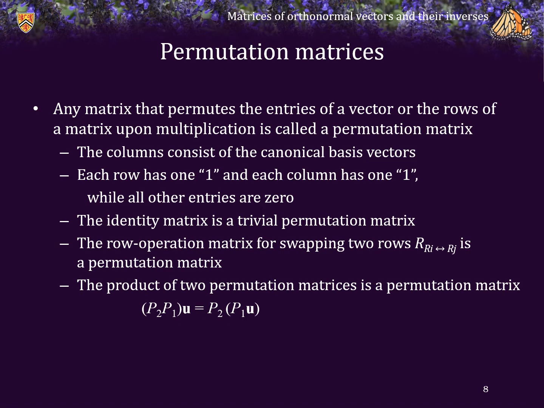Well, this is by definition the result of multiplying the vector u by P1, which simply permutes the entries of the vector u, and this resulting vector is multiplied on the left by the matrix P2, which again just permutes those entries again. Consequently, the result is simply a permutation of the entries of the vector u, and therefore there must be another permutation matrix that is the product of the two matrices P2 times P1.